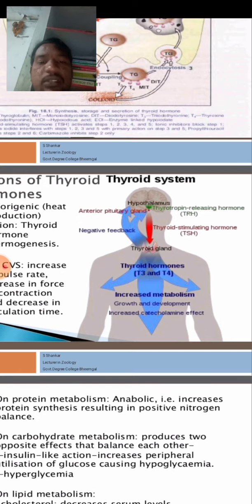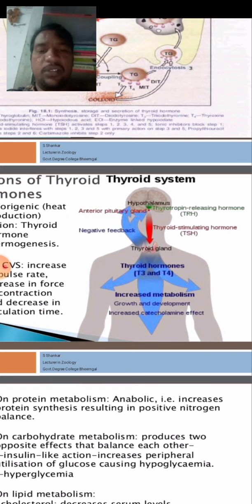The thyroid hormone secretion is T3, triiodothyronine, and T4, tetraiodothyronine. They increase metabolism, growth and development, and the catecholamine effect.